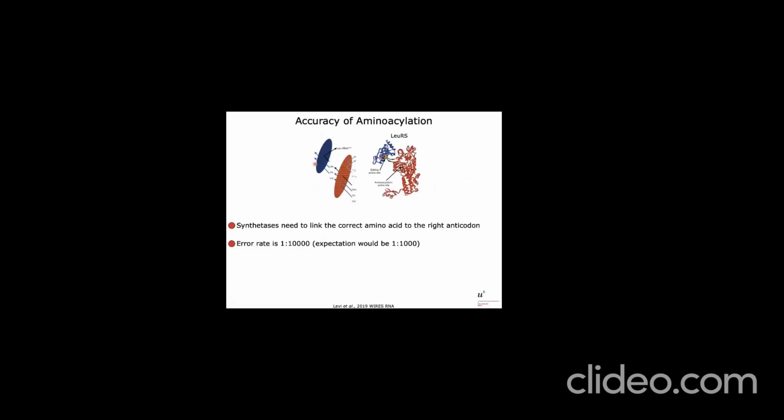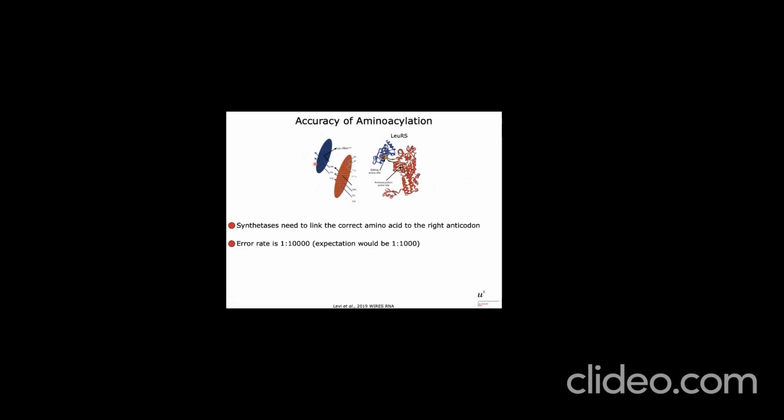Now, the beauty of the synthetases is really that they are highly efficient and highly precise, because if they wouldn't be, then even the decoding wouldn't really matter if the wrong amino acid is put on the tRNA.